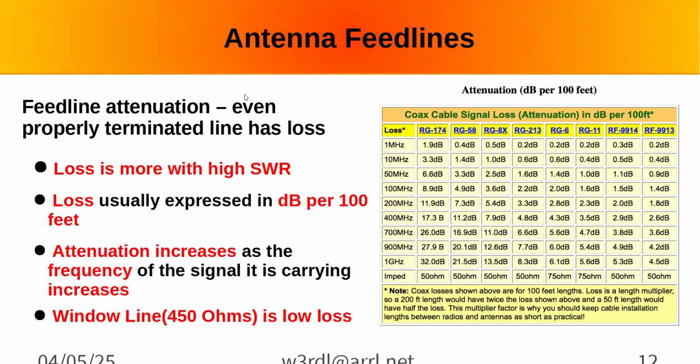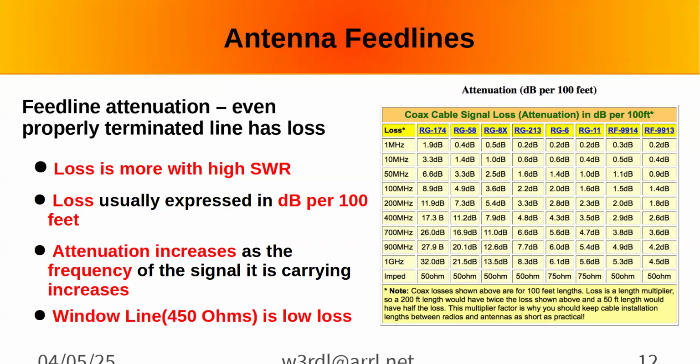Okay, attenuation or loss. There's a chart showing various types of coax from RG174, RG58, 8X, 213, RG6, 11, and these 9914 and 9913s, which I think are mil-spec numbers, so I don't know what they're actually equivalent to.